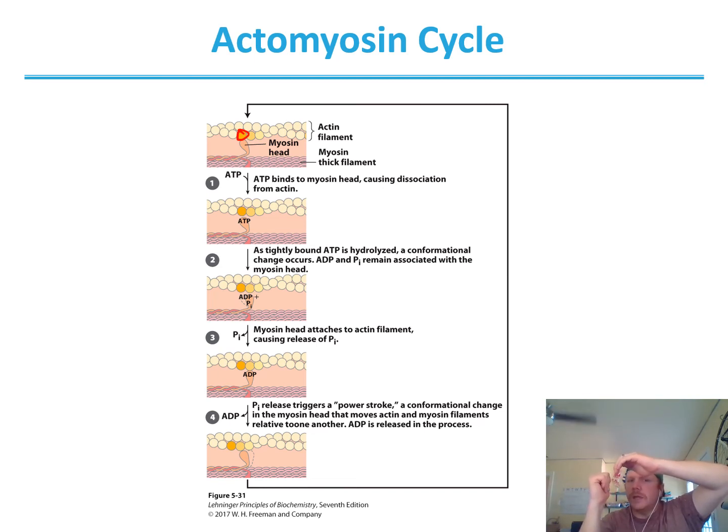That myosin attaches to an actin filament downstream, which causes the Pi release. So the hydrolysis of ATP has taken place, but now this myosin head group is bound to ADP and Pi. When the Pi is released and it releases ADP, this myosin head group is able to bind to another part of our actin filament.